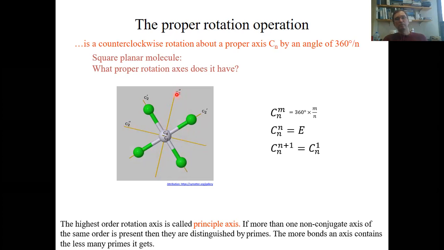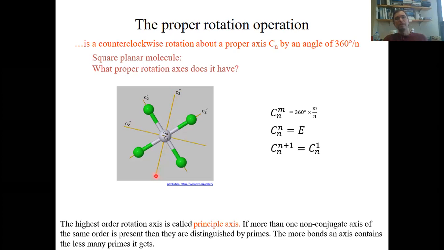Now, the 2 C2 axes that go through the bonds, they are conjugate. They perform an equivalent conjugate symmetry operation. And those that do not contain the bonds are also conjugate.